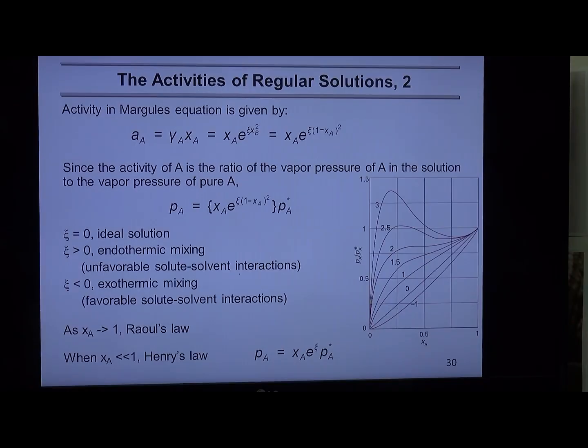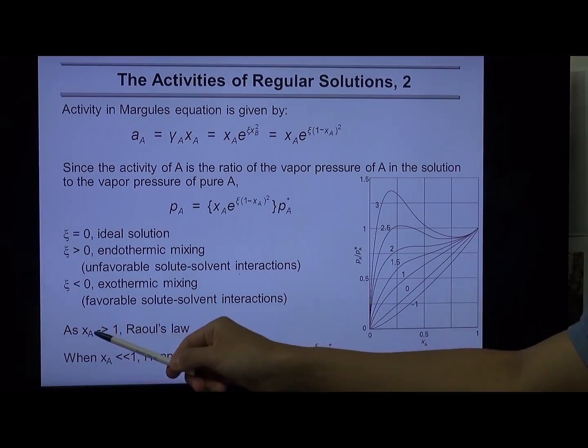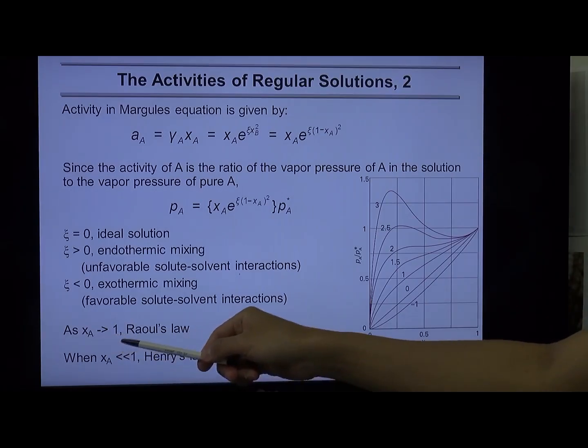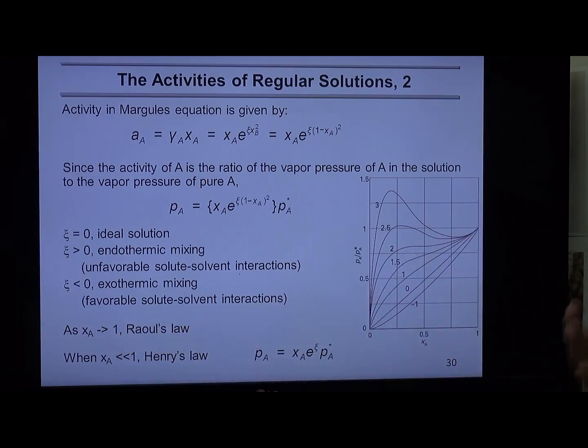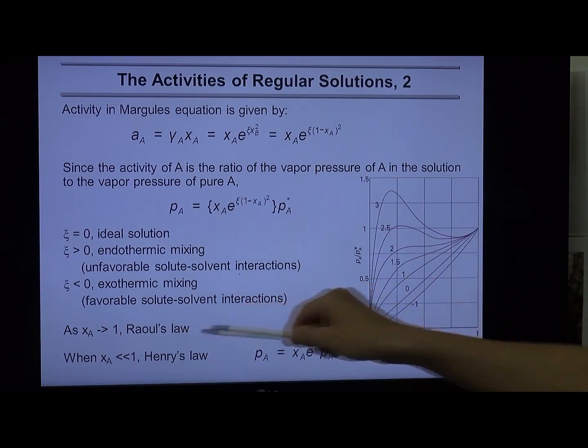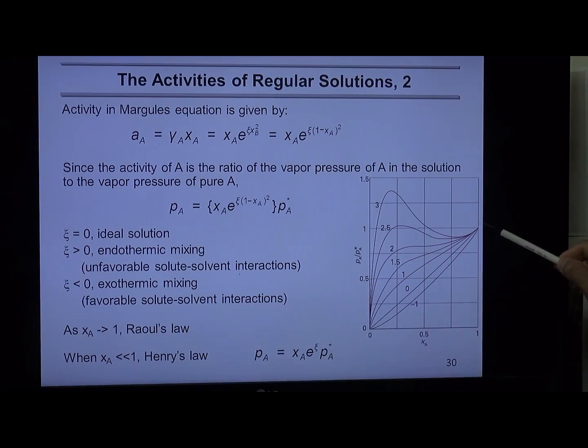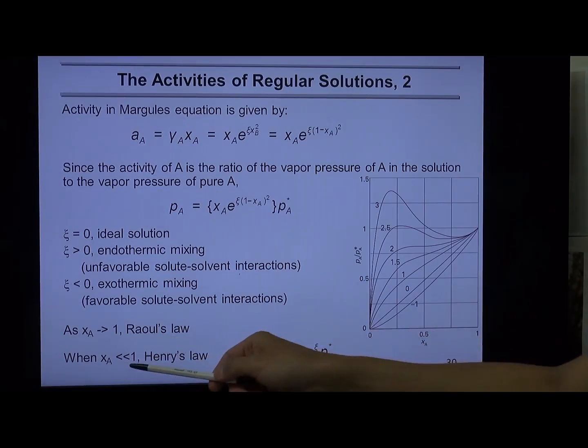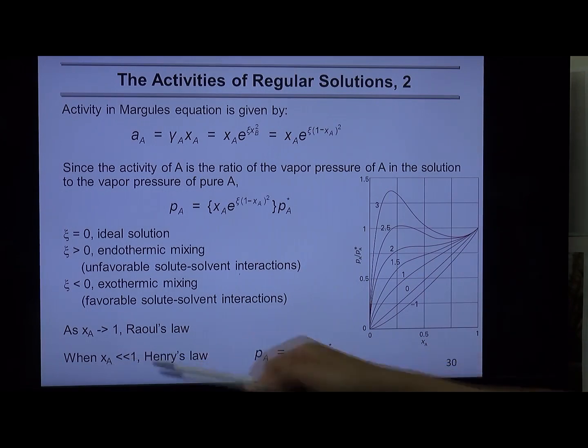All right. Let's see two different limits. As XA approaches 1, the regular solution, a model system for real solution, should approach Raoult's law, right? Near here, it all follows Raoult's law. When XA approaches 0, it's much smaller than 1.